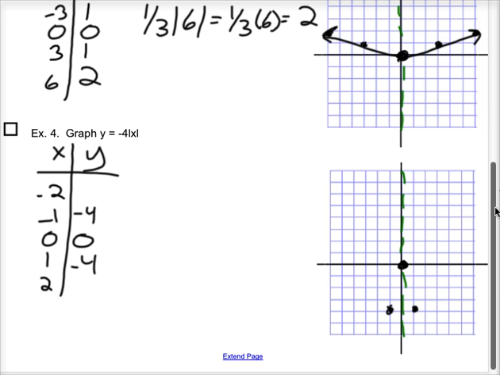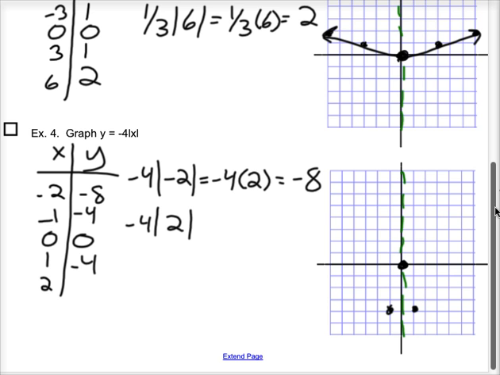So plug that in. -4, absolute value, -2. Well, the absolute value makes that 2 positive, so we have +2. -4 times 2 is -8. Plug in the positive 2 for the positive side. Well, absolute value of positive stays a positive, and we get that same -8.